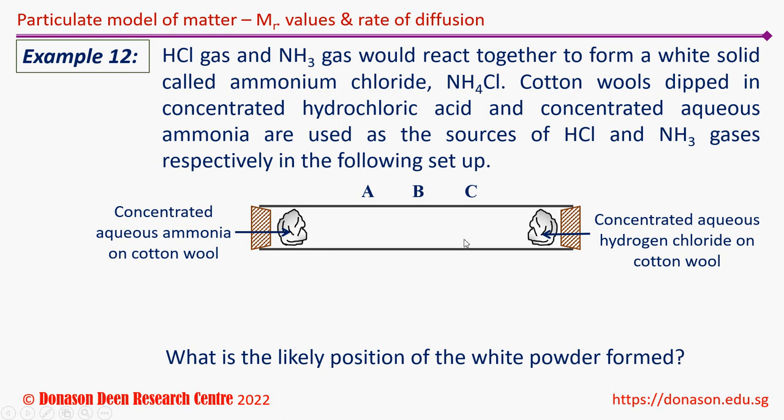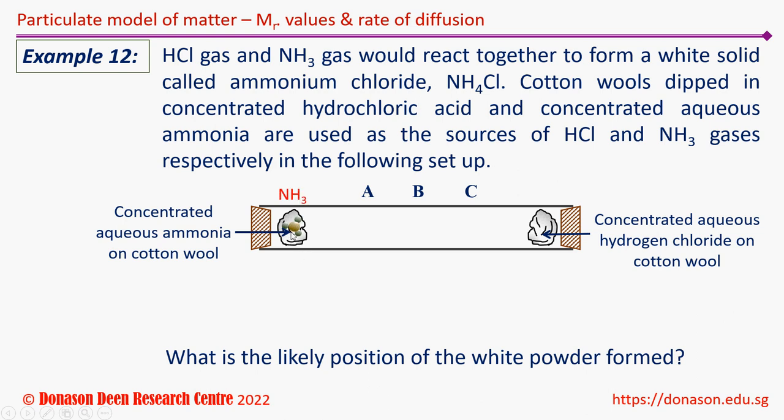These two gases move towards each other, and where they meet and react, we form ammonium chloride, a white solid. That white solid will deposit on the glass tube, which makes it easier for us to see. So the question is asking what is the likely position where the white powder would be formed?